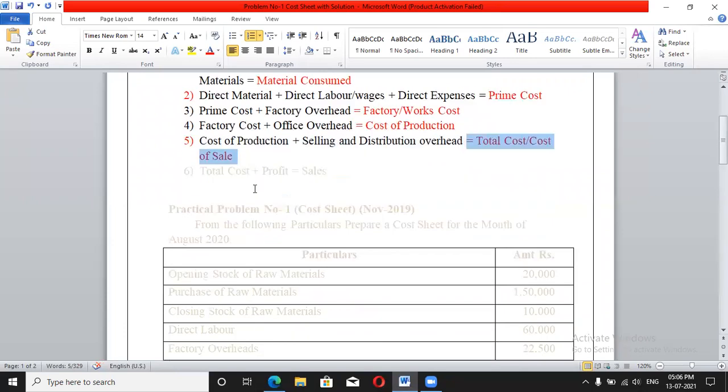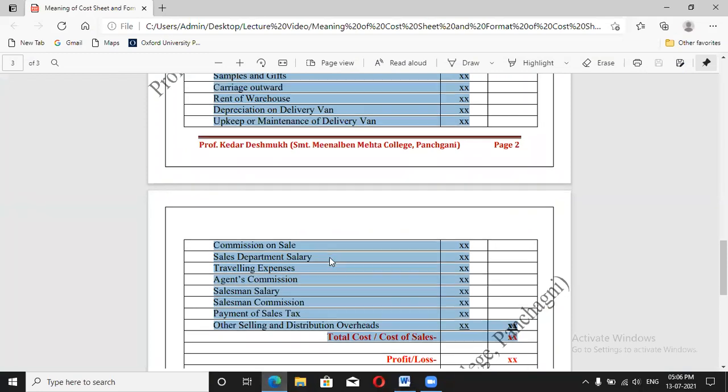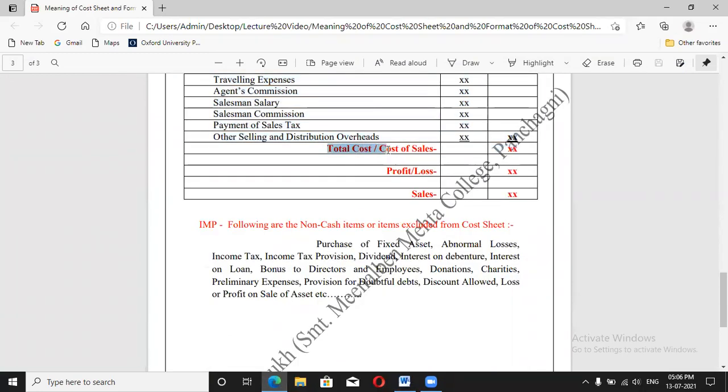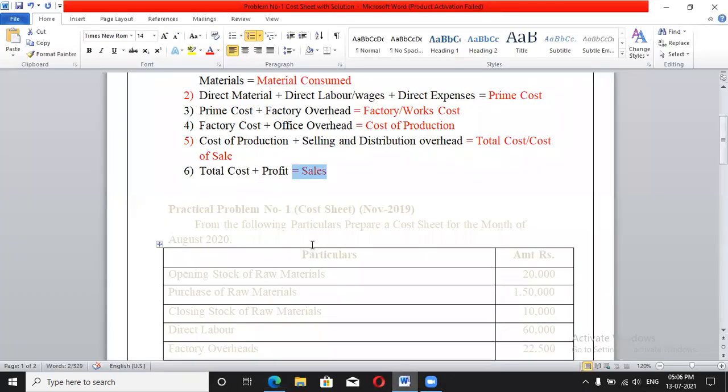And the last equation: total cost plus profit is equal to sale. When we add profit to the total cost, we get the amount of sale. You know the format of cost sheet. So it is the equation of sale: total cost plus profit is equal to sale.